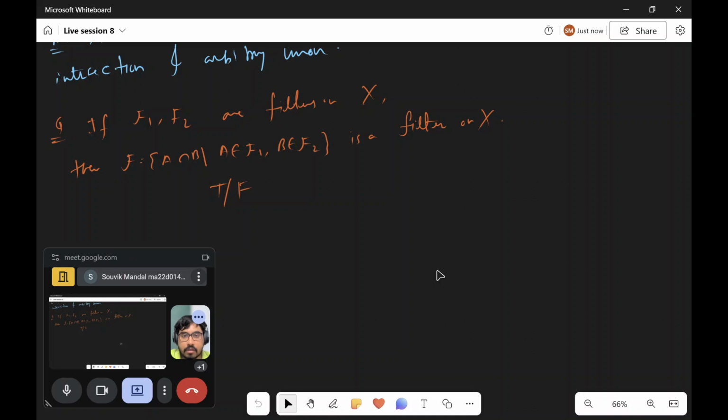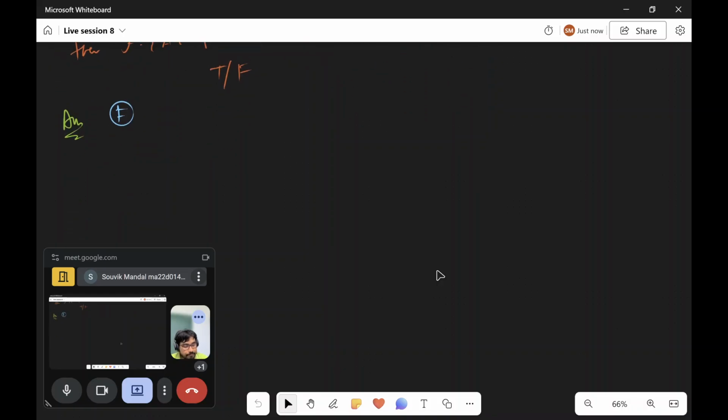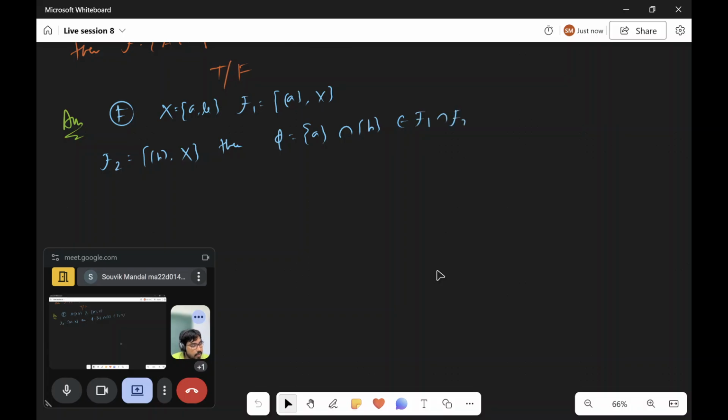It should not be difficult. Some of you might already see that the answer is false. Here is why. Take X equal to {a, b}, f1 equal to {{a}, X}, f2 equal to {{b}, X}. Then phi equal to {a} intersection {b} belongs to f1 intersection f2.